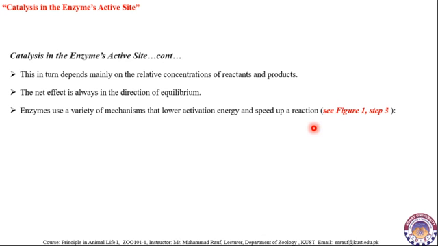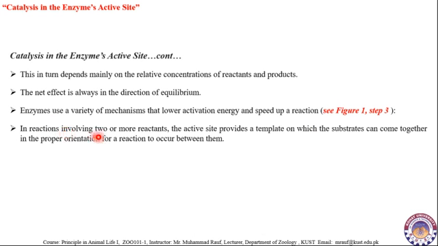The reactants are usually in the ground state, they are in the stable state, and therefore they must be destabilized in order to be converted into products, and for this destabilization energy input is required.